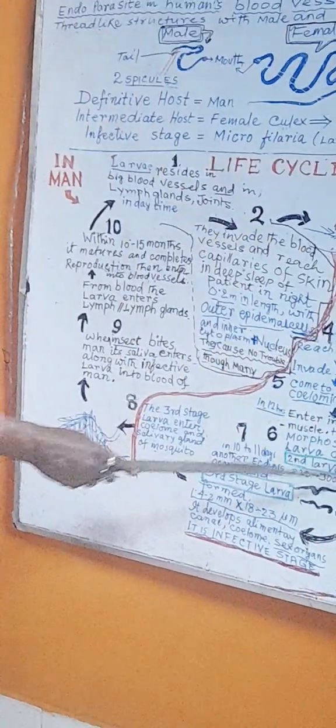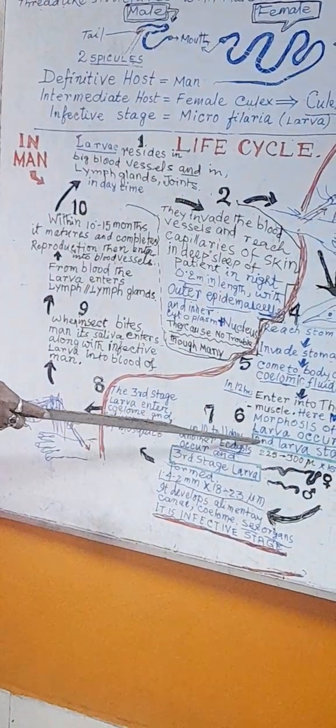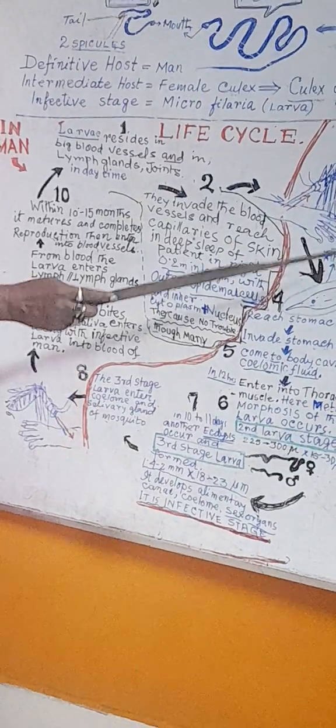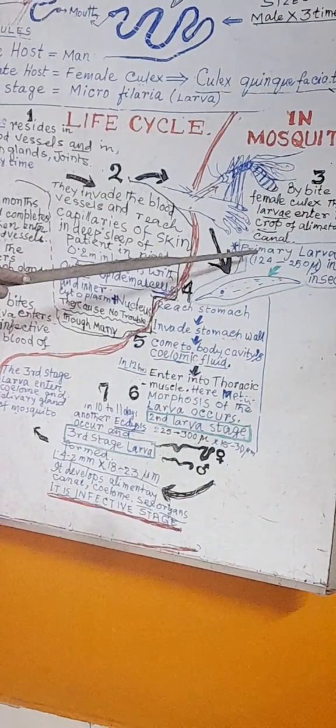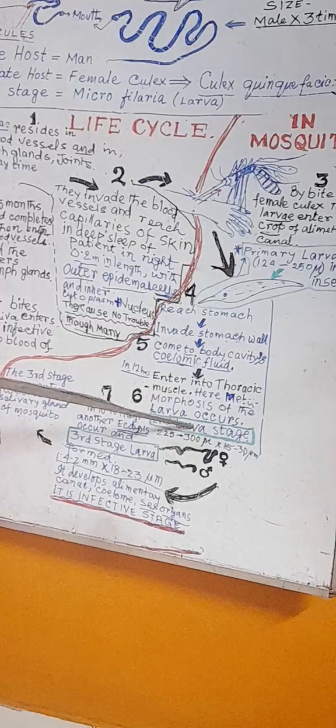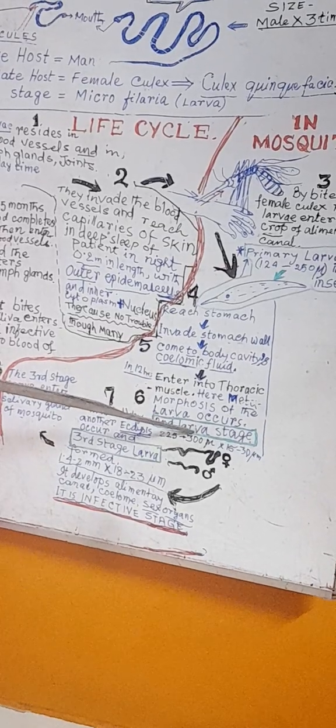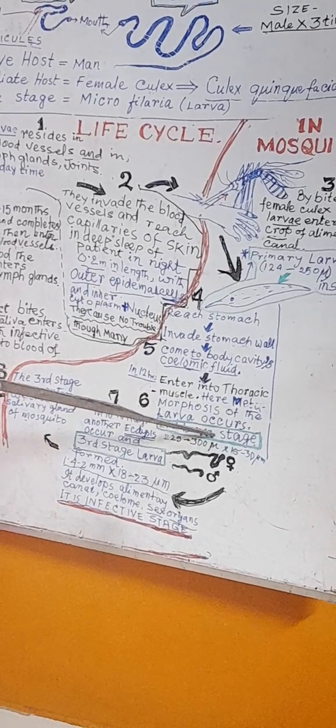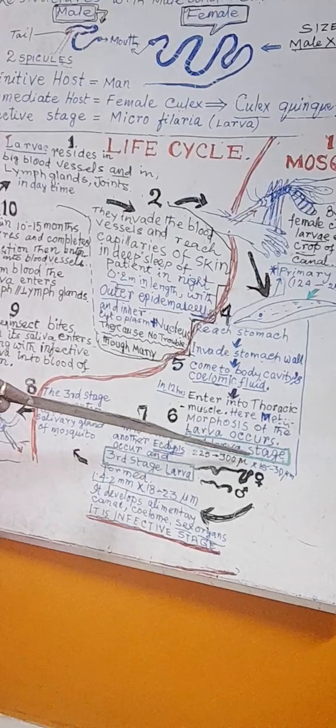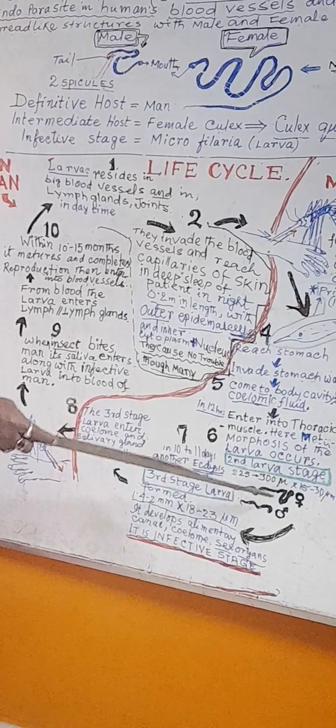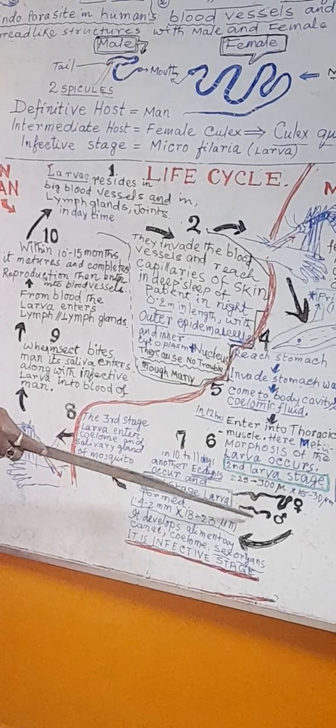Then the larva occurs. It is the second larva stage. I showed you the primary larva stage, and this is the second larva stage, which is present within the coelomic body or coelomic fluid of the female mosquito. After the second larva stage, it will be seen that this larva has got a structure.